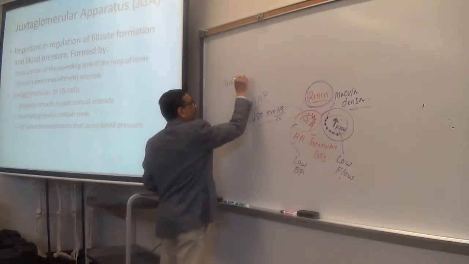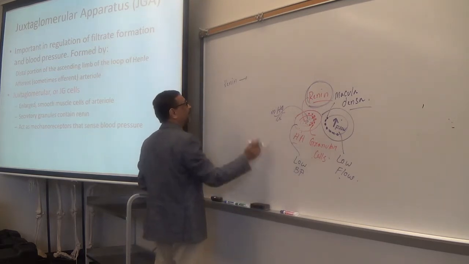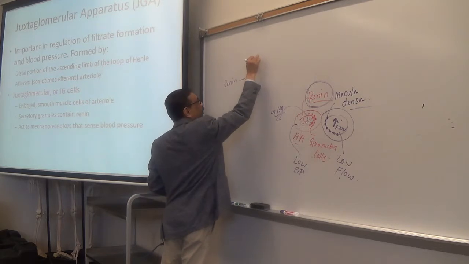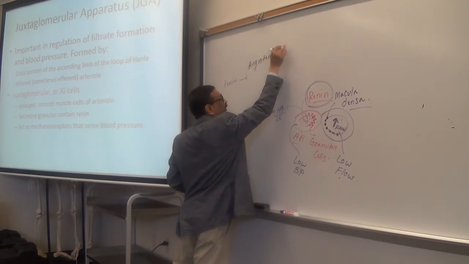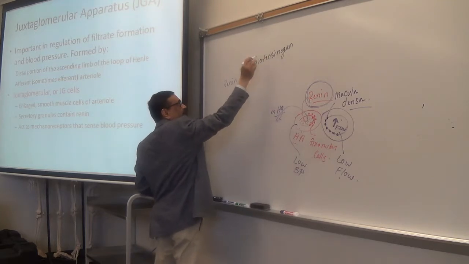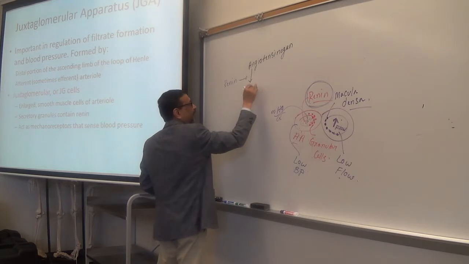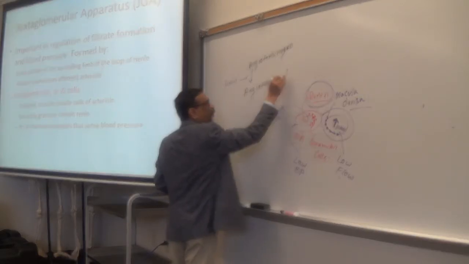Renin converts a chemical in the blood that is called angiotensinogen, which is an inactive chemical, to angiotensin 1.